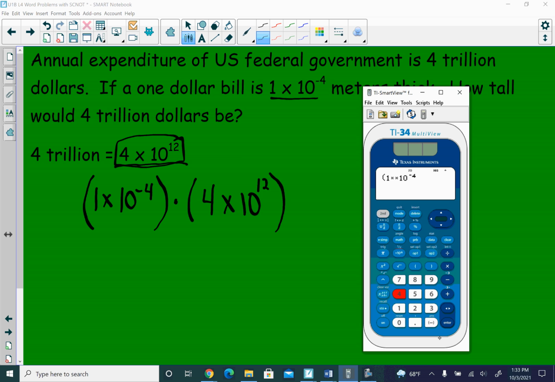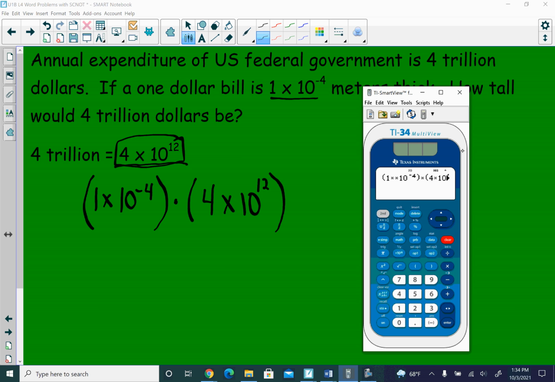Remember that negative is down here below the 3 next to enter, which is different than subtraction. Then I'm going to arrow out of the exponent so I can close it and then say times and then open a new one, 4 times 10 to the 12th. Okay, arrow out of that, close my parentheses, and I did something wrong here.